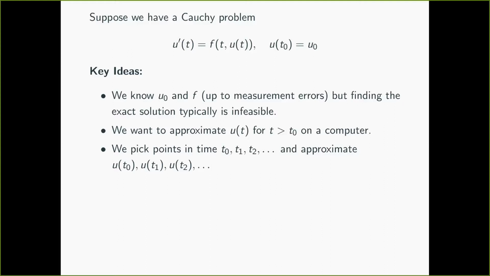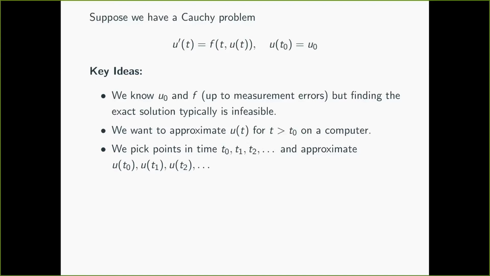However, finding the exact solution typically is not feasible. There are many ordinary differential equations for which we cannot find an explicit formula for the solution, even though we know that the solution exists, at least for some time, or maybe for all time, but we do not have an explicit solution formula.